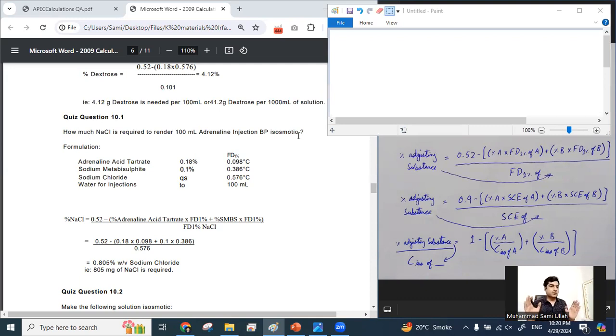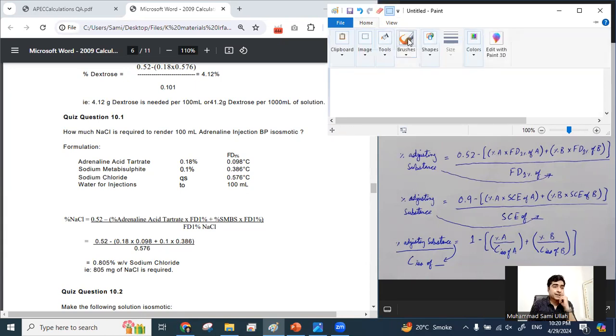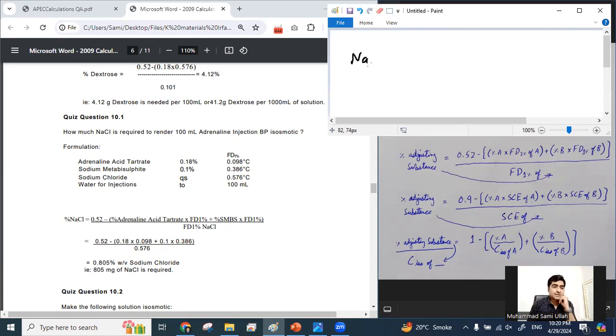Just like we have learned, we will be given one substance and we need to add it into some other solution to make it isosmotic, isotonic. So NaCl we need to add. So this percentage adjusting substance is NaCl is equal to.